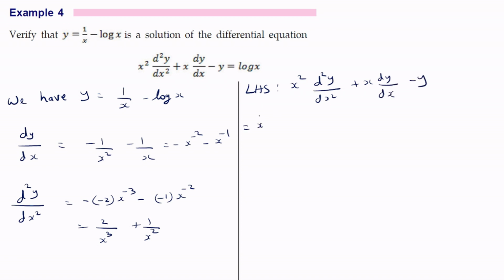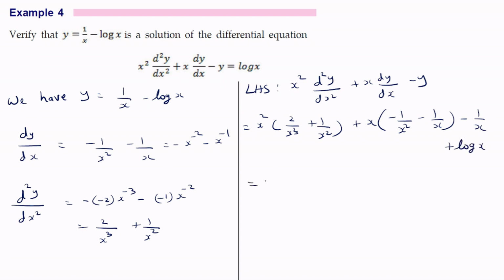This is equal to x square into 2 by x cube plus 1 by x square, plus x into dy by dx, which is minus 1 by x square minus 1 by x cube, minus y, which is 1 by x minus log x. So it is minus 1 by x plus log x.